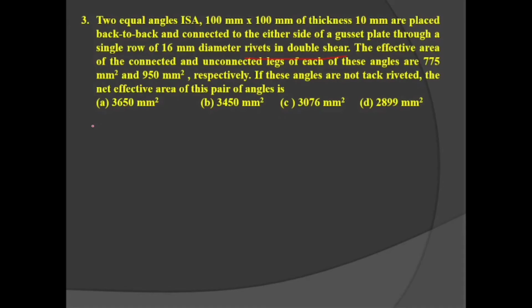Before starting the solution of this question, I want to write down one important note: if angles are not tack riveted, they will behave as a single angle connected to the gusset plate.